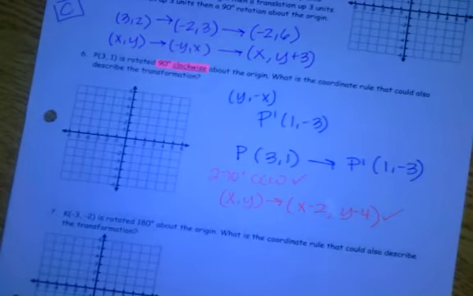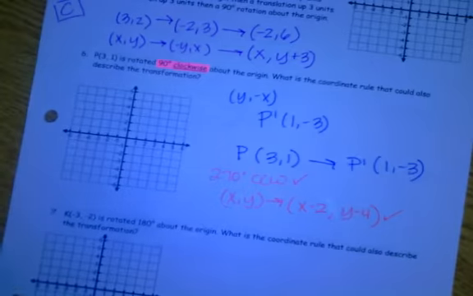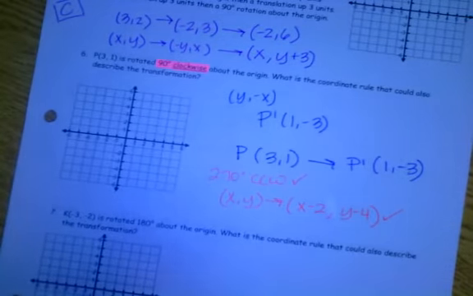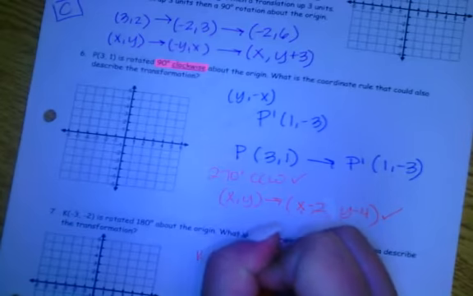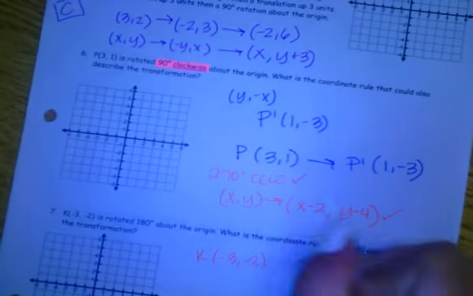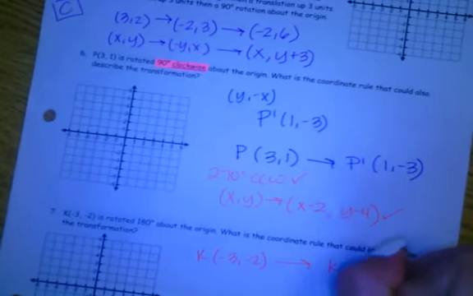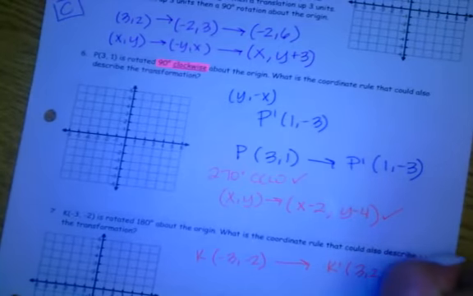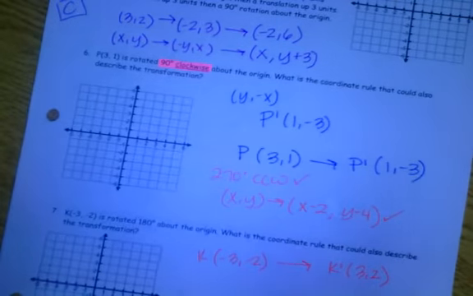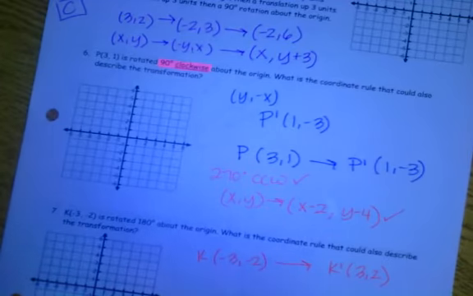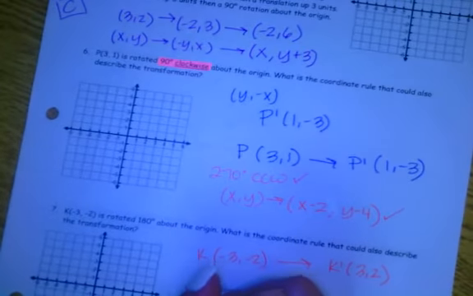Alright, Courtney. What would your K prime point be? 3, 2. Very good. Do we agree with her? Okay. So, Chris Kim, what would be another type of transformation you could have done? Very good. X, Y yields X plus 6, Y plus 4.